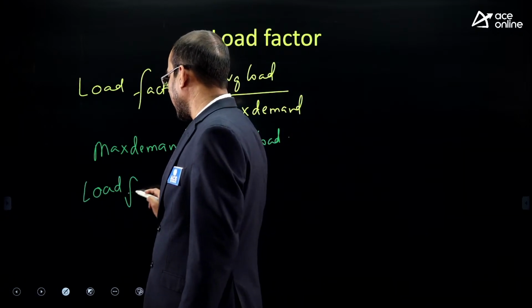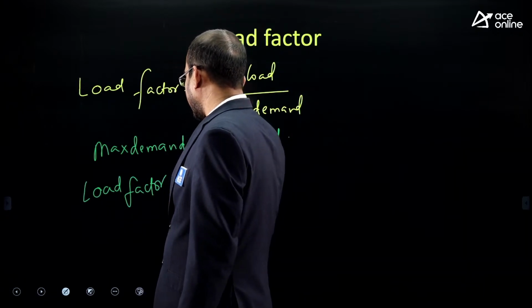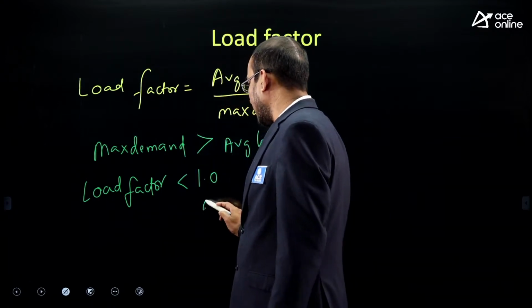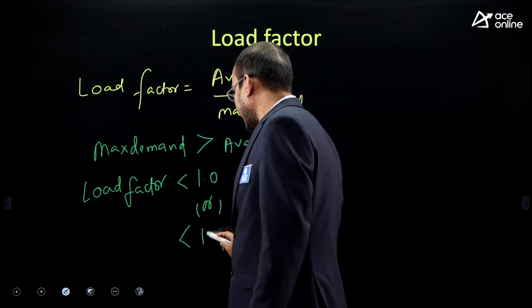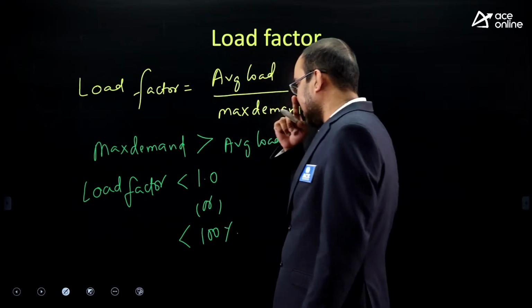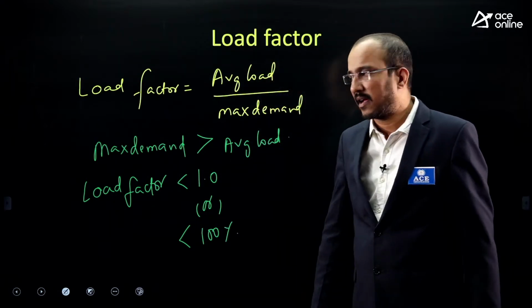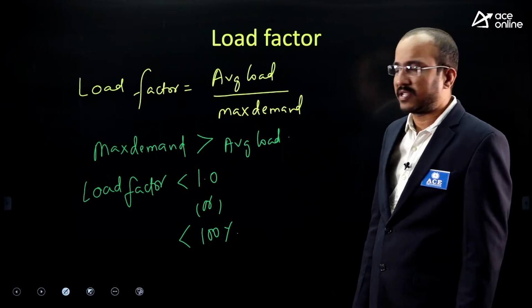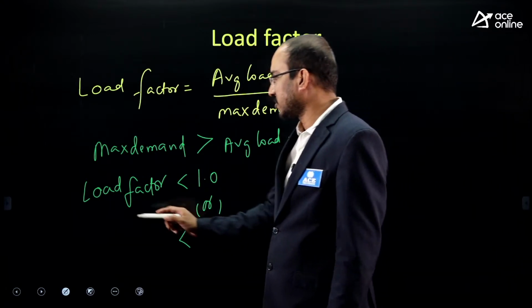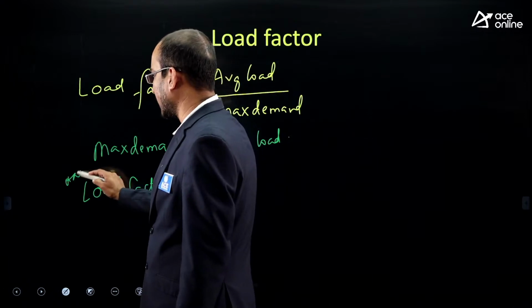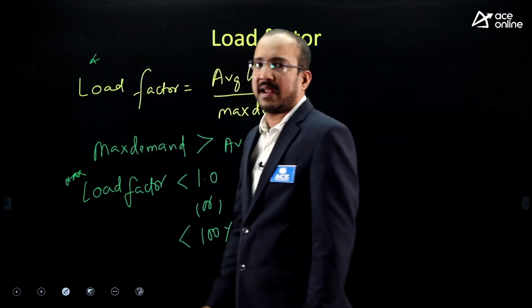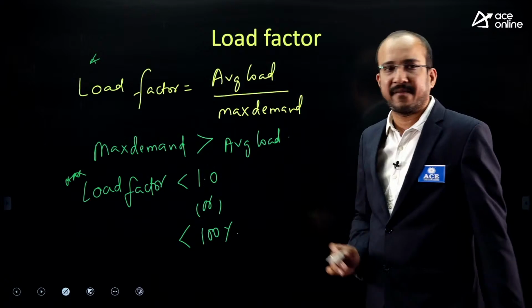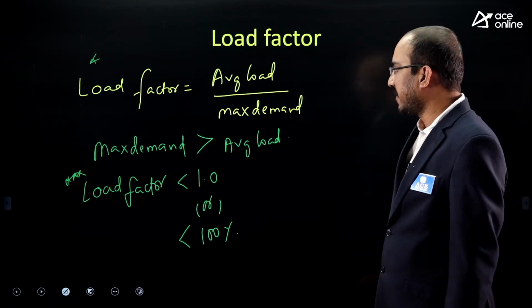Load factor is less than 1 or less than 100%. This may be an objective type question: load factor will be less than 1 or greater than 1? And what do you mean by load factor? It is the ratio of average load by maximum demand.